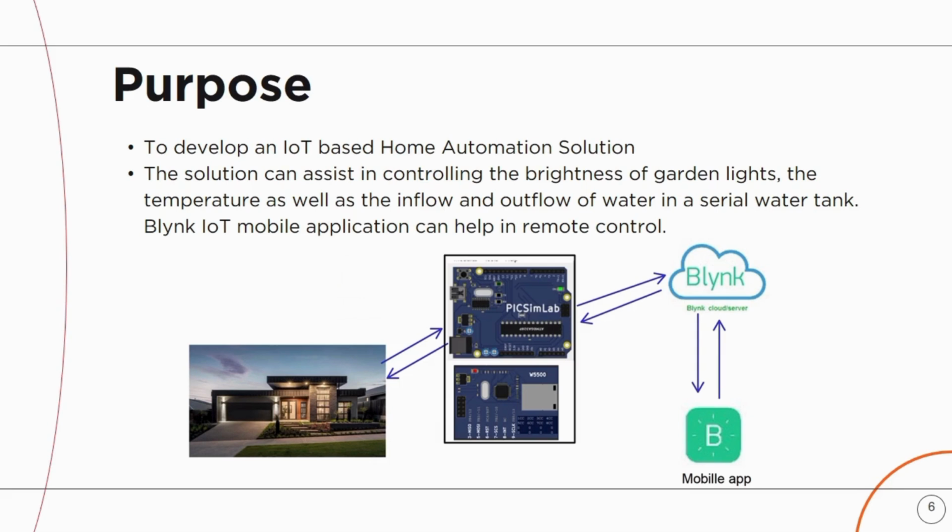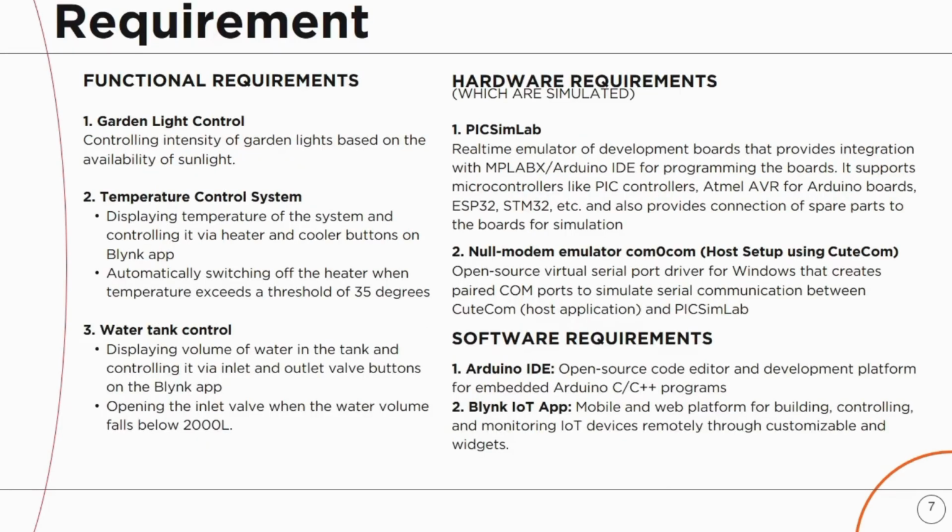The solution had three main requirements: the first was controlling the brightness of garden lights, the second was controlling the temperature, and the third was controlling the inflow and outflow of water in a water tank. The Blynk IoT mobile application was used to assist in remote control of these devices.